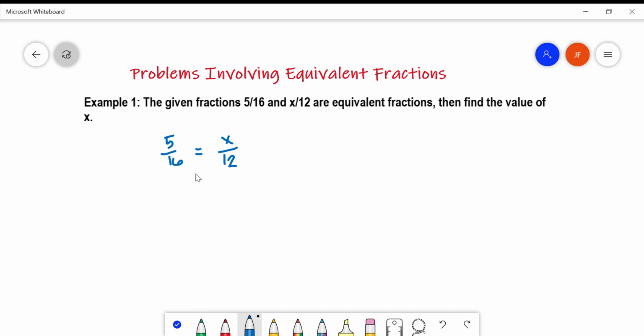Okay, so by cross product method, the 12 can be multiplied to the numerator which is 5, so that becomes 5 times 12.